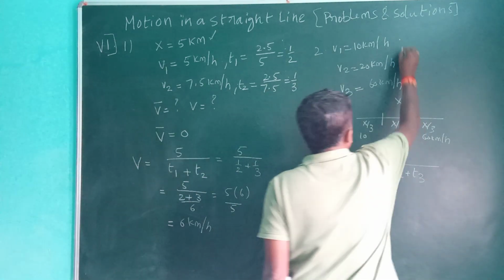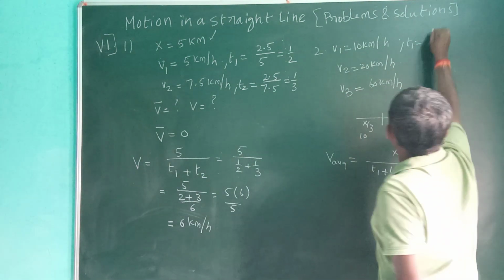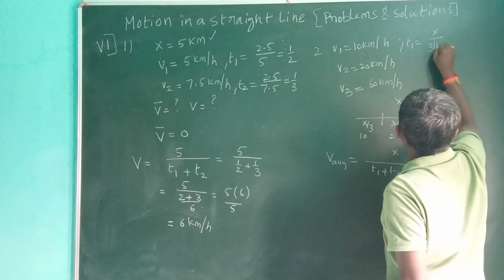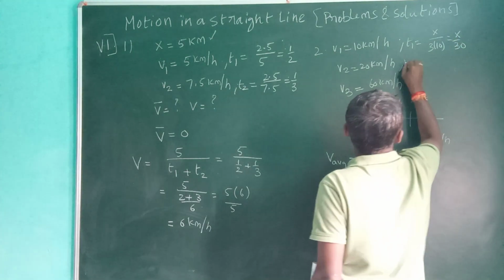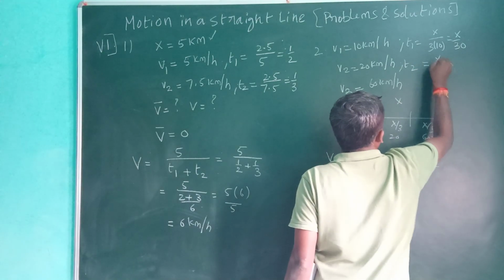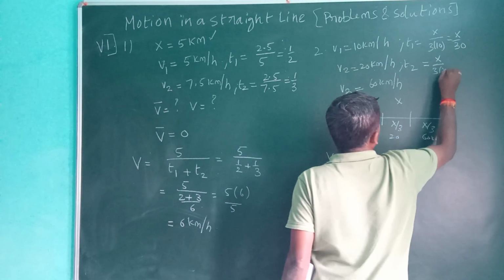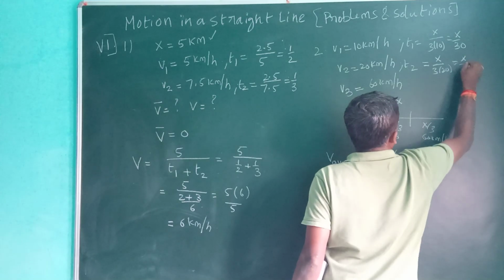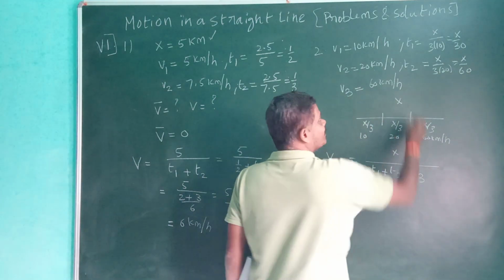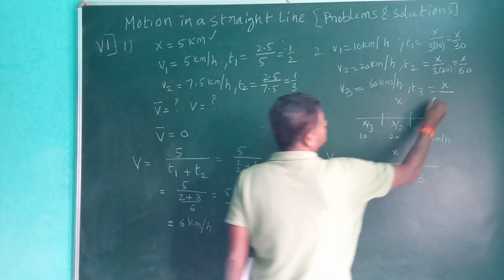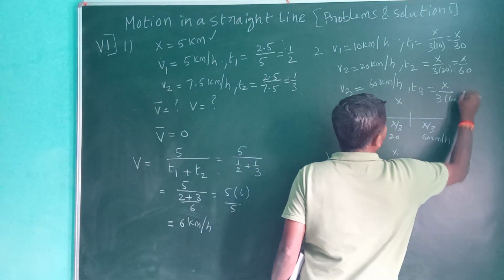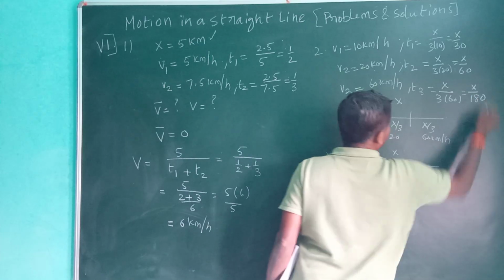Here t1 is x by 3 into velocity 10, that is x by 30. t2 is x by 3 into 20, that is x by 60. And t3 is x by 3 into 60, that is x by 180.